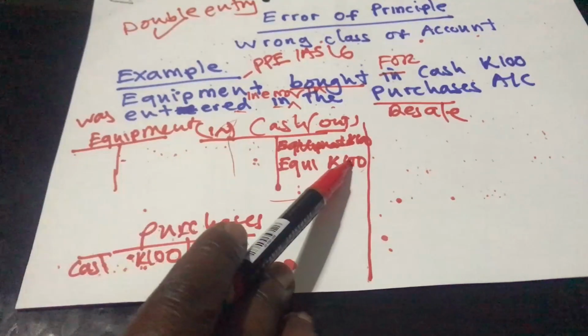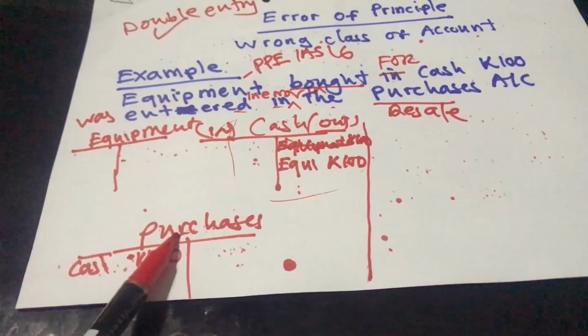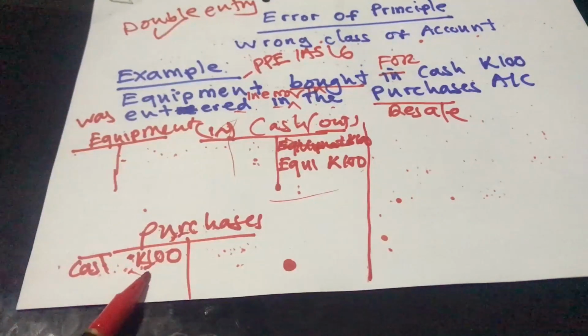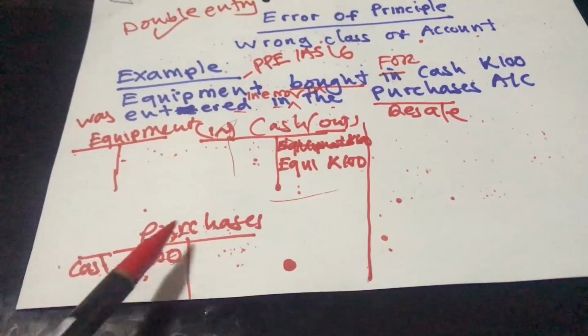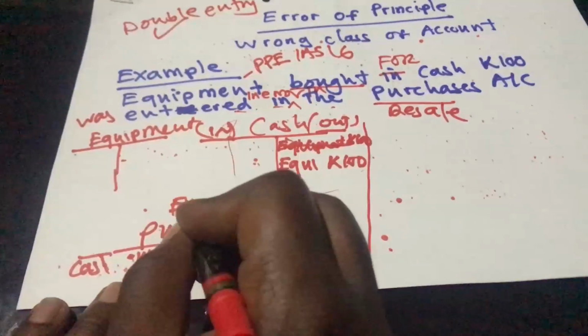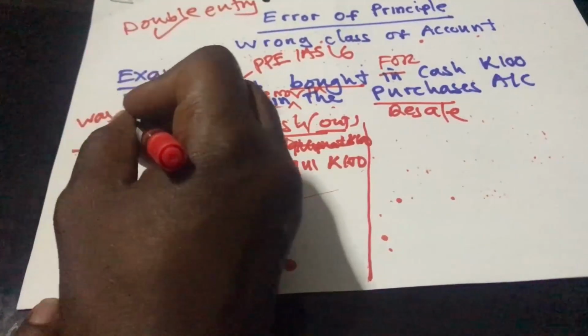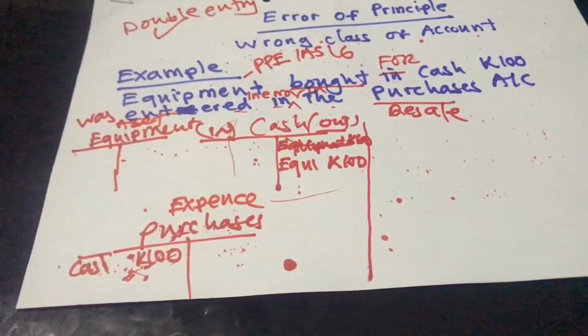You can see that there was 100 kwacha in the cash, and there was also 100 kwacha in the purchases, except it's just the wrong class of accounts, because this is an expense account. This is an asset account. So if you see the classes, they are different, isn't it?